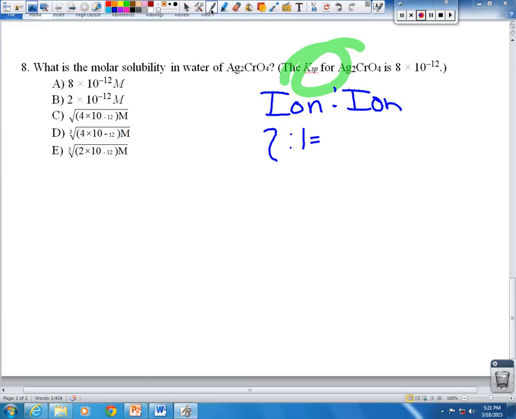Okay, what is your S value? 4S cubed, right? Okay, so what is the molar solubility? What do you notice that you don't have to do? You don't have to do, well, you do have to do a little bit of math, right? What's obviously not going to be your answer choices and why? It's not divided by 4 at all.